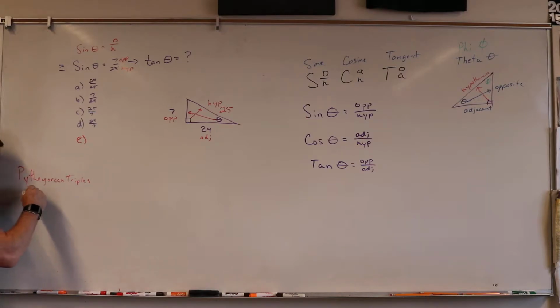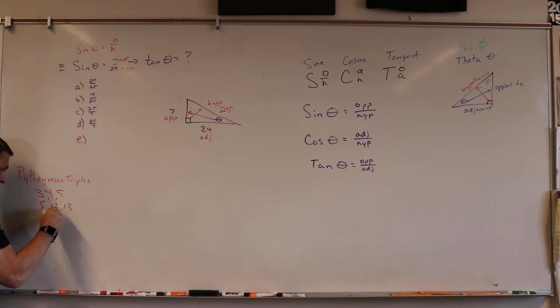The most popular one, 3, 4, 5. So a squared plus b squared equals c squared: 9 plus 16 equals 25. The other ones are 5, 12, 13. The other one would be 7, 24, 25. Look familiar? 7, 24, 25.